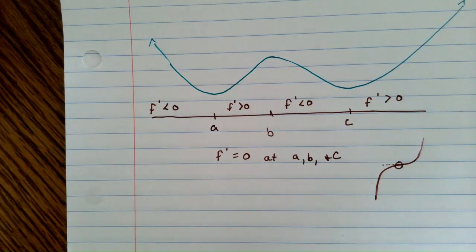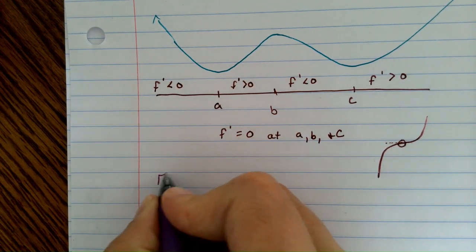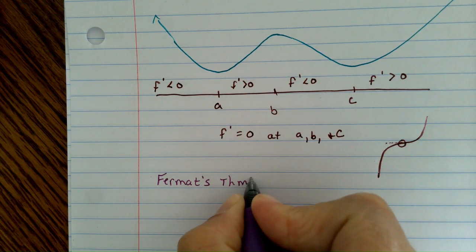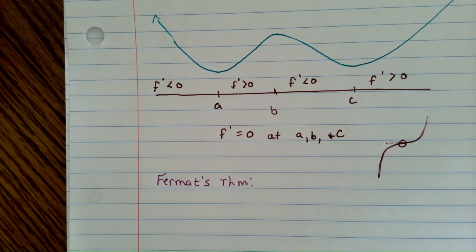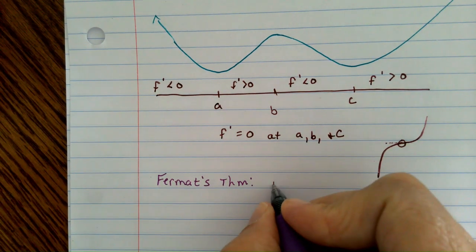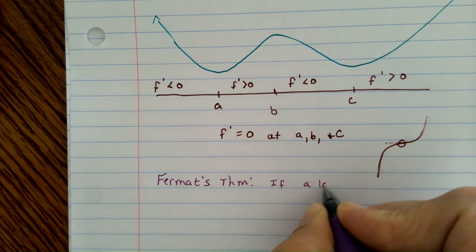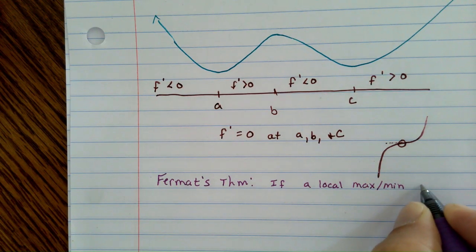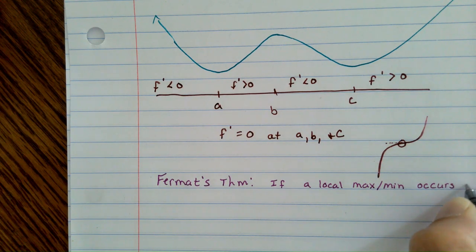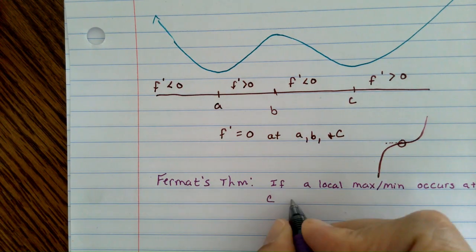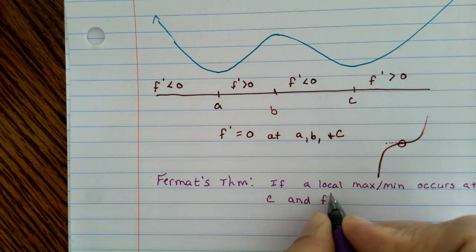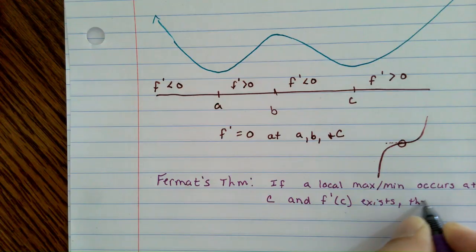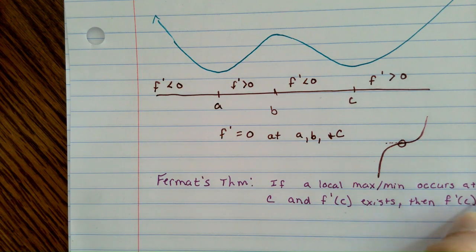So Fermat's theorem. Unfortunately, we don't normally do a lot of proofs in calculus, so you don't have to remember all the words. But it's important to use them when we can. Okay? If a local maximum or minimum occurs at c, and the derivative at c exists, then the derivative at c is 0.